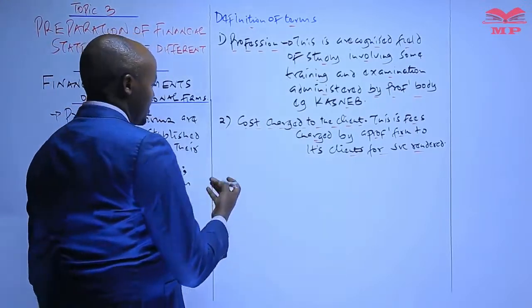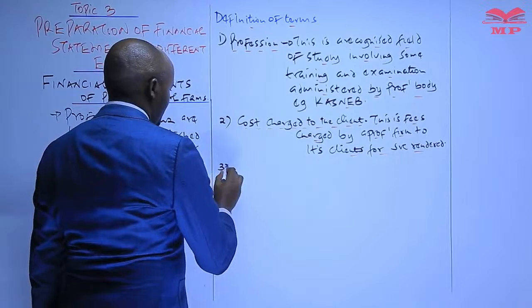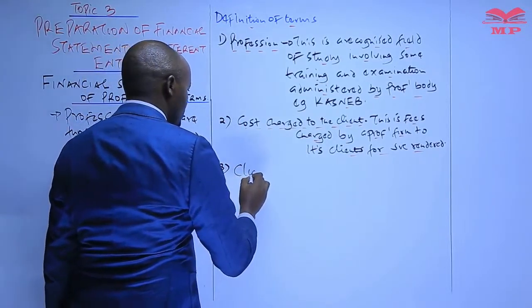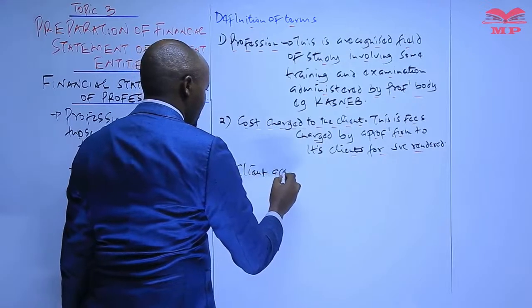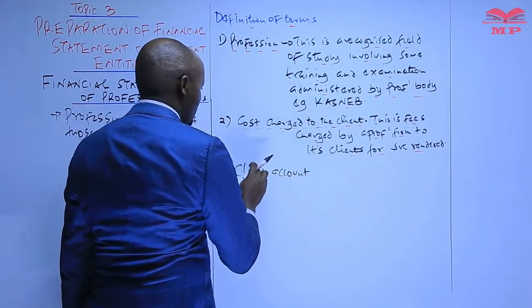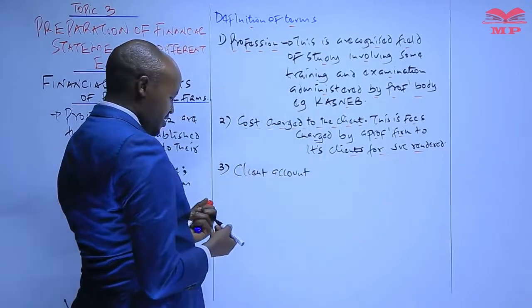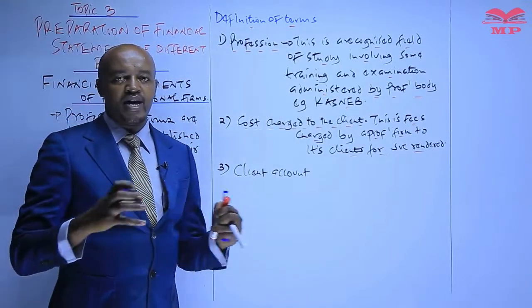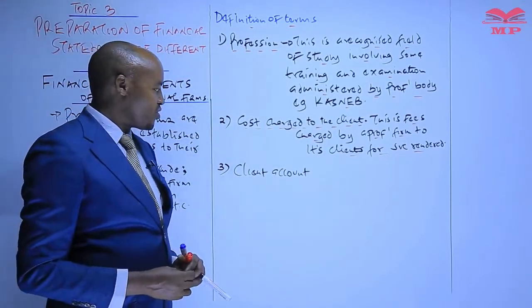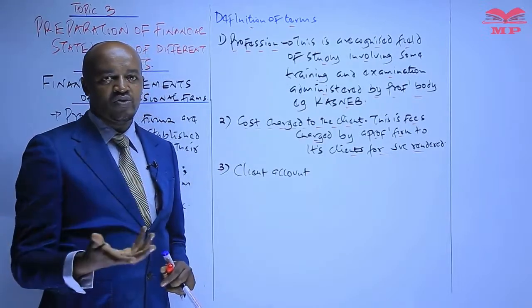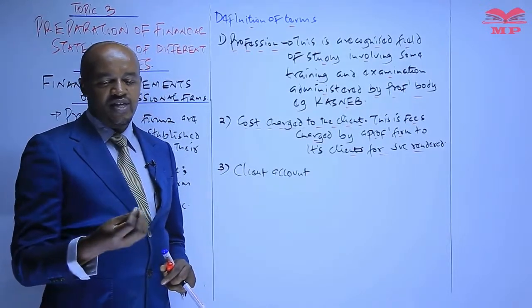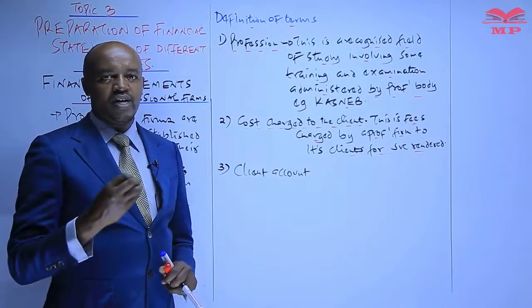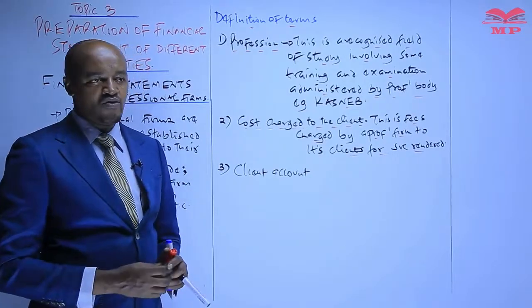The other term we need to define here is a client account. When we talk about the client account, this is basically an account which is prepared by a professional firm to record all the transactions relating to the client. For instance, money which has been received on behalf of the client, and any disbursement or payment which has been made on behalf of the client.